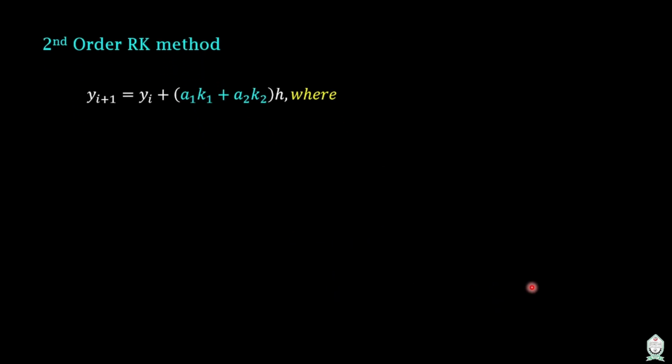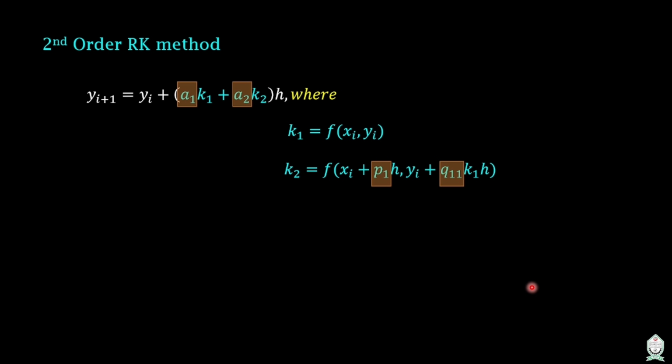Carl Runge and Wilhelm Kutta developed this formula to approximate the function from any given differential equation, and here there are a few unknowns. These unknowns they have defined themselves.